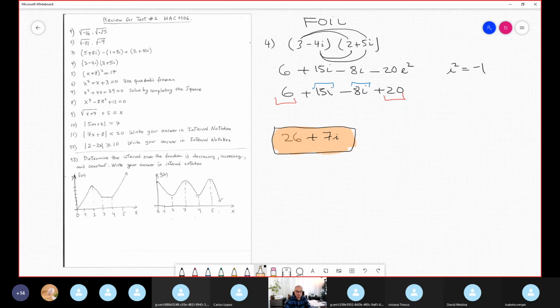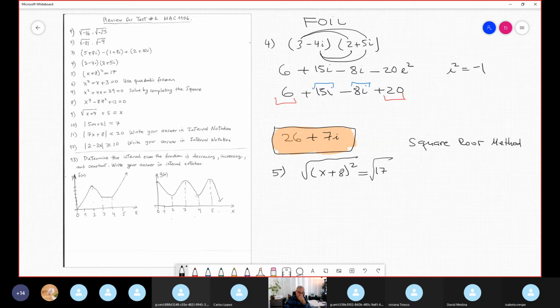Number 5 is too easy. Number 5 is a typical quadratic equation. Can we solve it by the square root method? Because somebody, not me, does the factorization, so I take advantage of this. You apply square root to both sides.